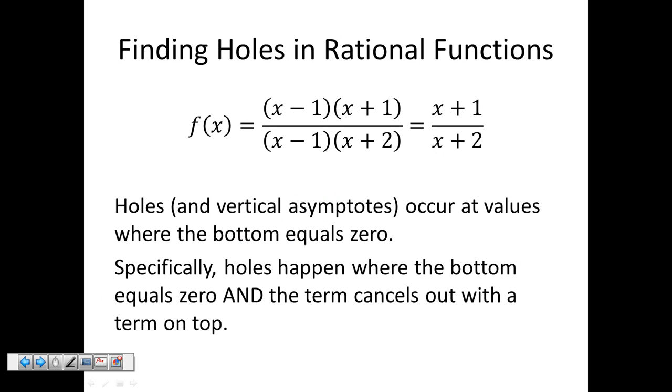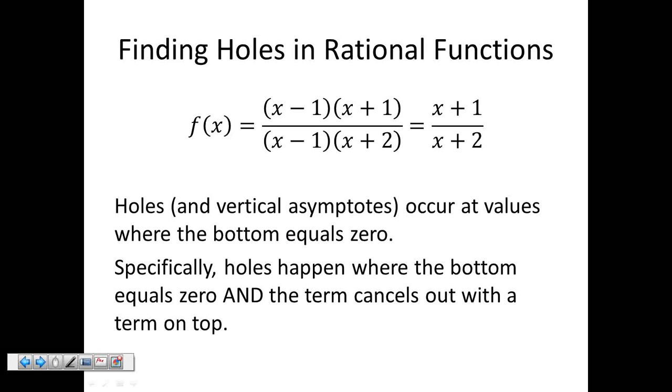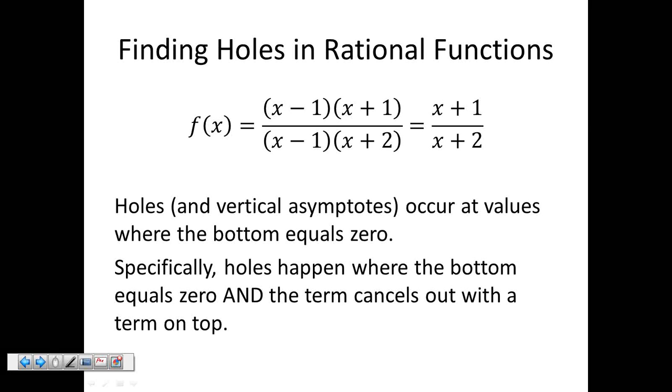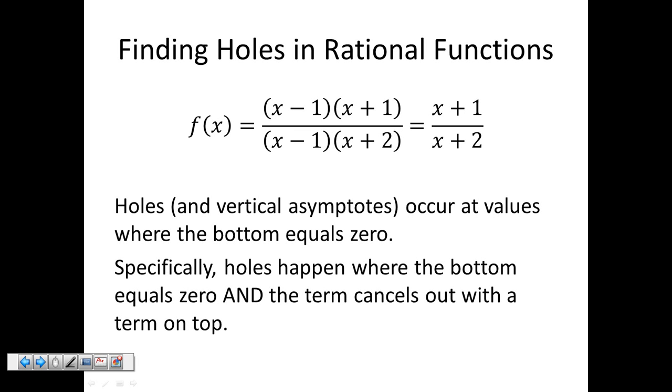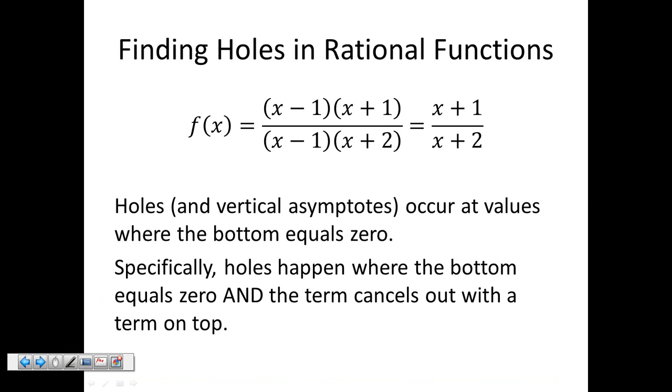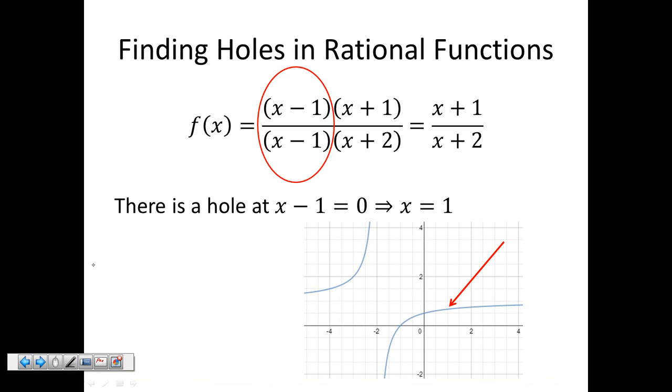Now, holes occur at values where the bottom is 0, but specifically, holes happen where the bottom equals 0 and the term cancels out. So this x minus 1 is what creates the hole.